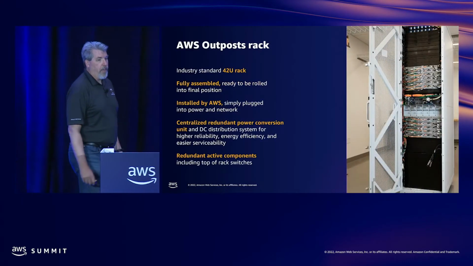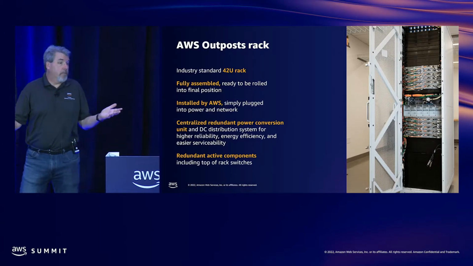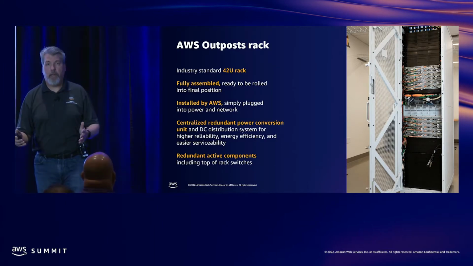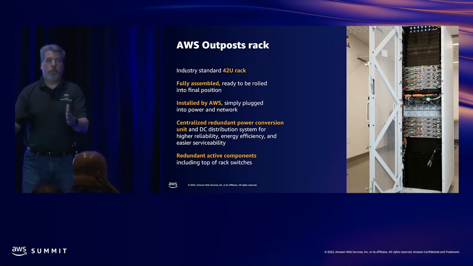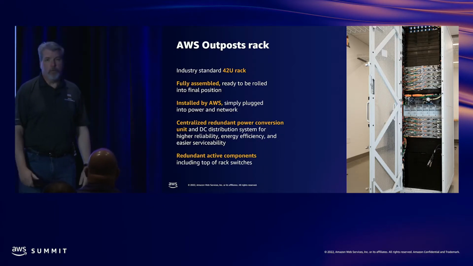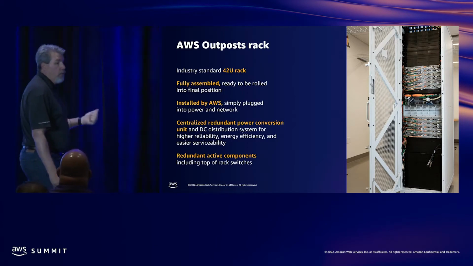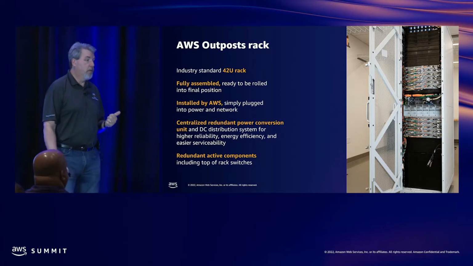So what does the Outpost actually look like? It's a rack, just like you would have in your data center, but it's fully built by AWS. We take it and roll it into your data center, and all we do is hook up the power and the networking. It's fully redundant within the rack itself, and we're going to talk about redundancy in a little bit.